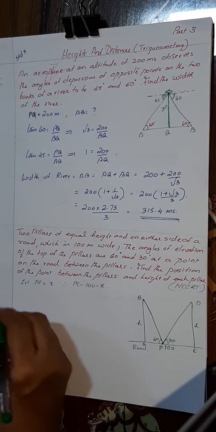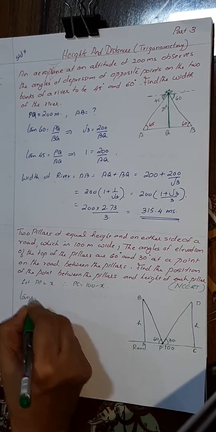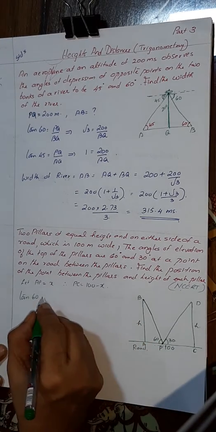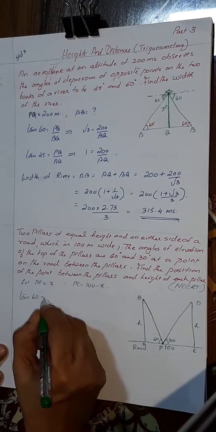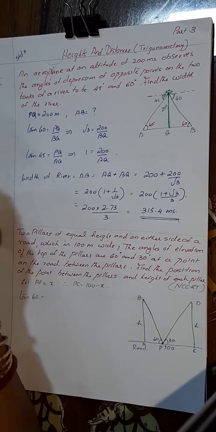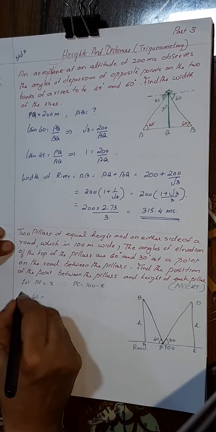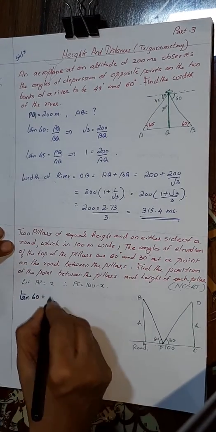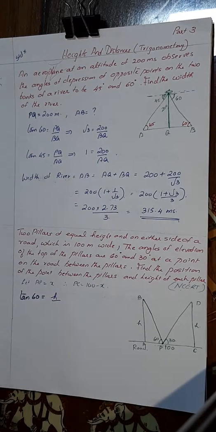Now we will take tan 60, because opposite side by adjacent side. So tan 60 is equal to h by AP.